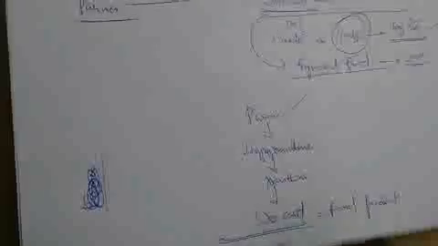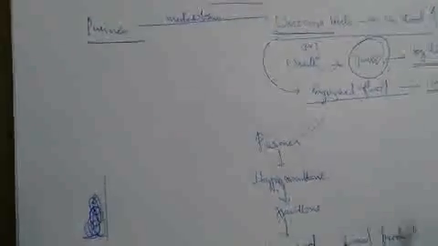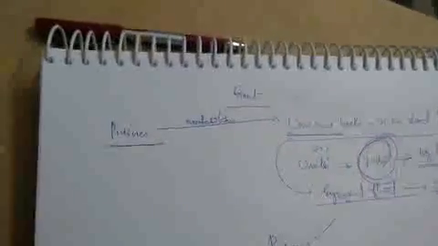So, whenever these uric acid levels are increased in the blood, they will get accumulated in the joints or the surrounding tissues near the joints. That condition is called gout.